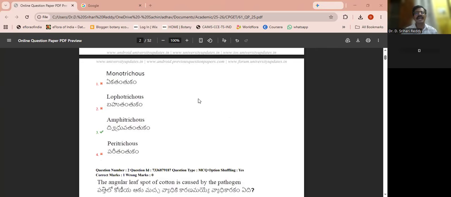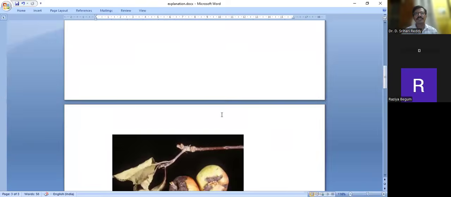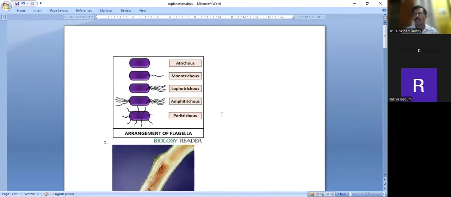Okay, so see here. There are different types of bacteria.